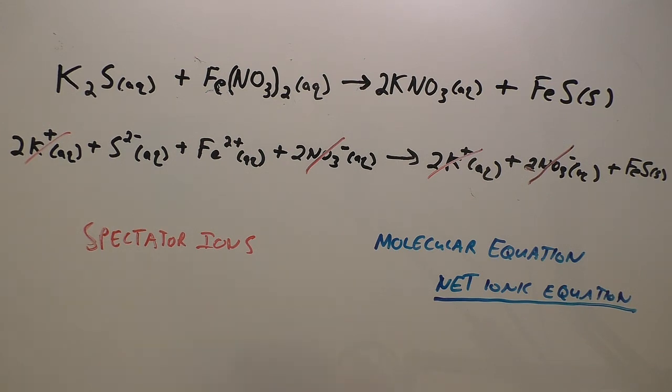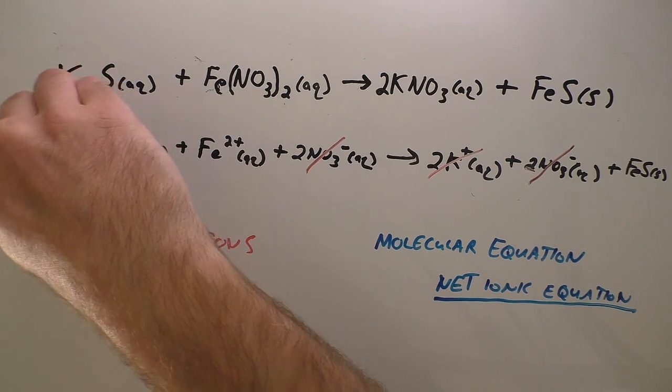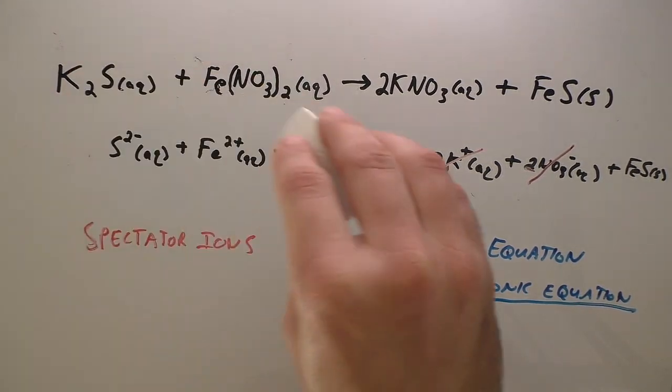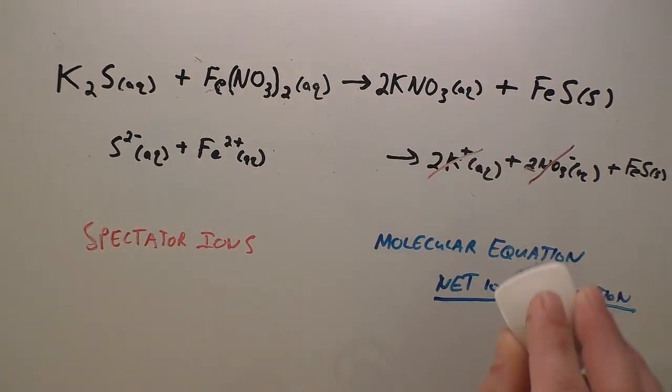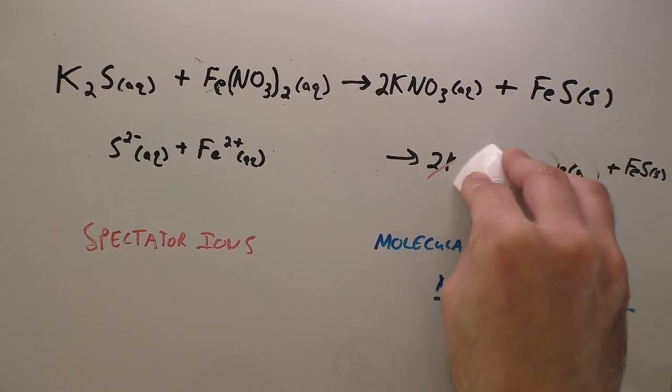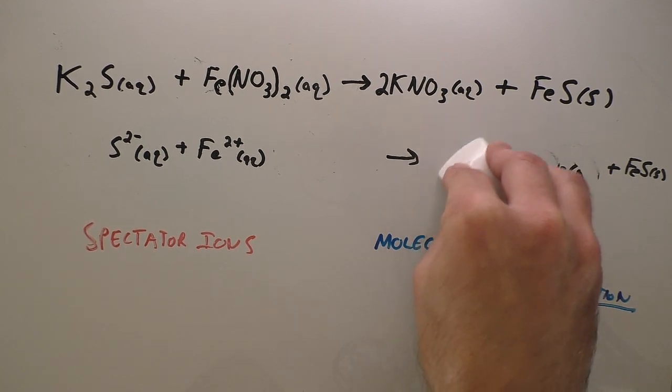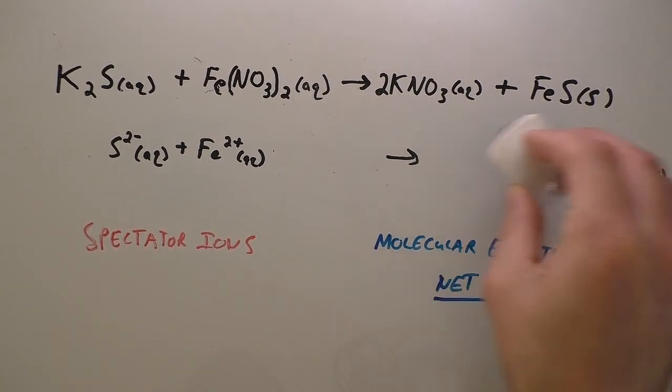So if I erase my spectators, you can go away, and you can go away, and you two can also go away. Go on, get out of here.